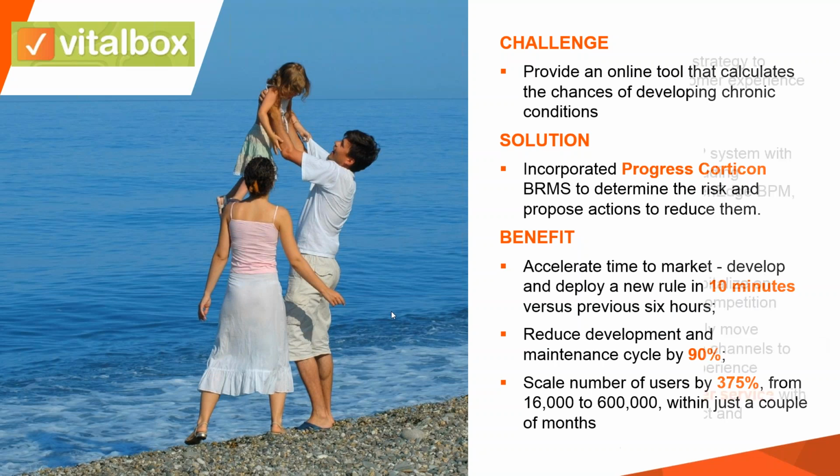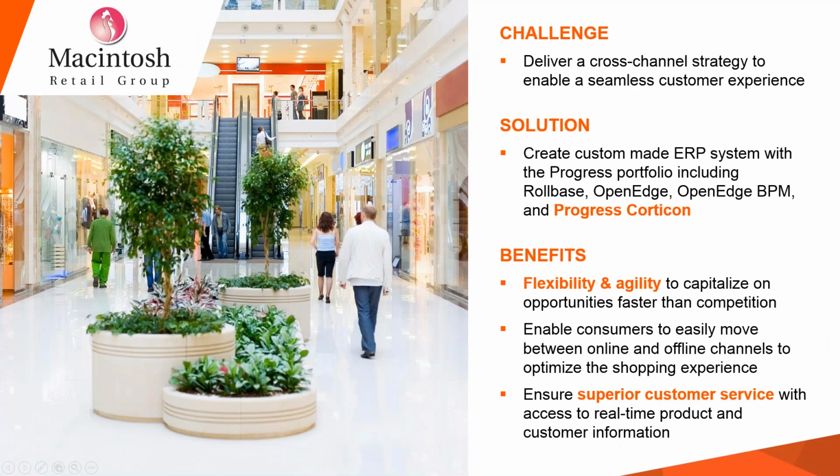Another customer for us is Macintosh, which is a retail group in EMEA. And this is something that I'm sure would be a little bit more of an interest to you from a retail website perspective. These guys want to deliver a cross-channel strategy to enable a seamless customer experience.